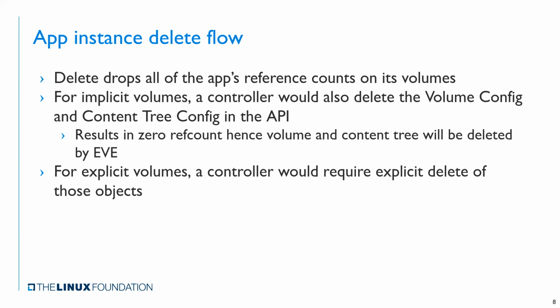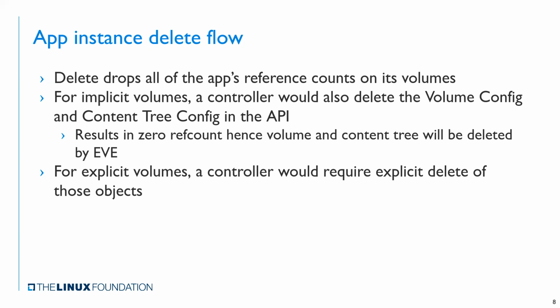If you have implicit volumes, the controller, as part of deleting this app instance, is also going to delete the volumes and the content trees that are used exclusively by that app instance. So Eve will actually see a delete of all three objects.